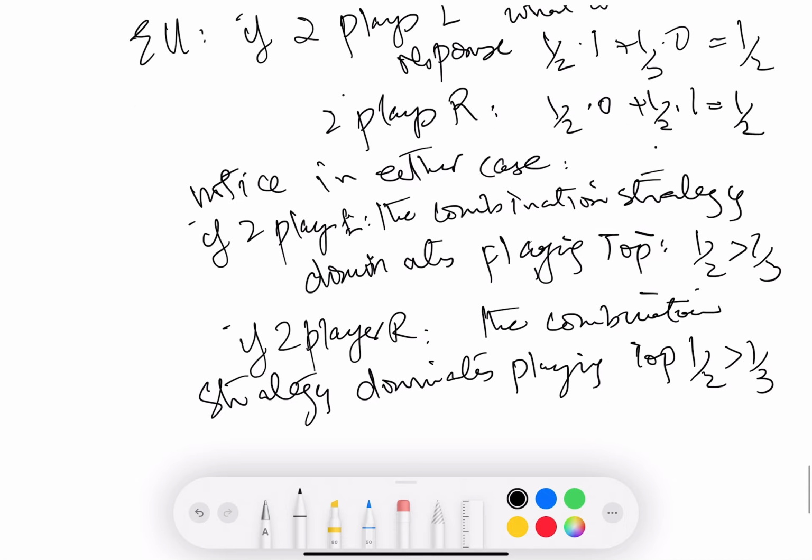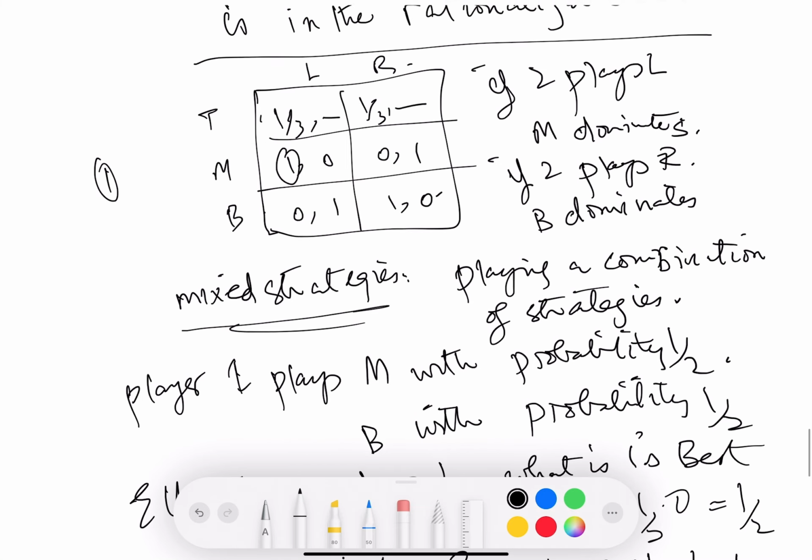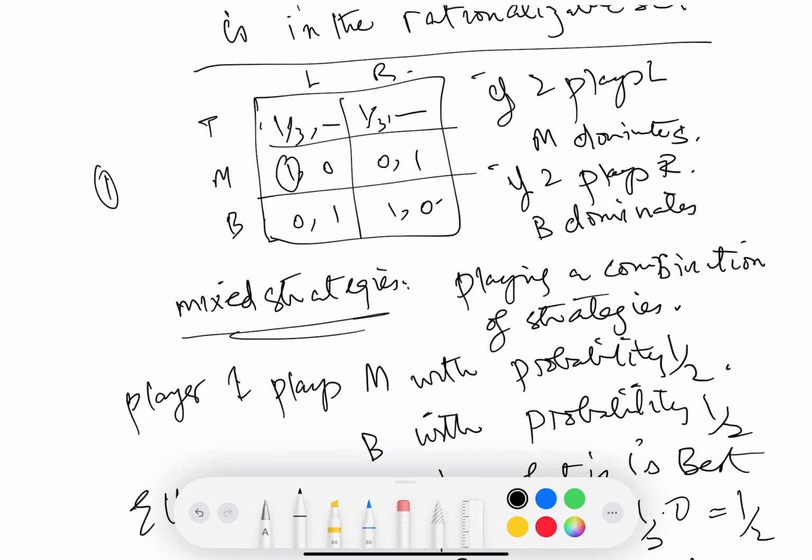So we can think that by using this combination strategy, a rational 1 will never play top. Because in both cases, remember, left and right are the only two events in this universe. Either 2 plays L or 2 plays right. There's no in between. I can also consider if 2 plays a combination of L and right, and I'll show you when we talk about mixed strategies in more detail.